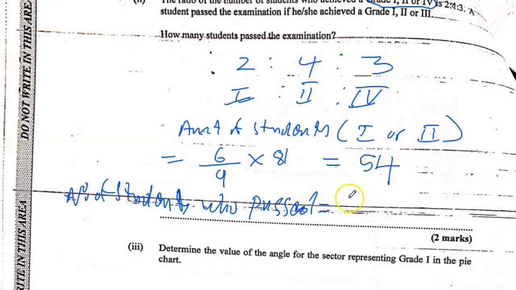Now for grade 1 or 2, that's 54, plus remember that 39 students got grade 3. So it's 54 plus 39. What's 54 plus 39? That's 93. So 93 students passed the exam.